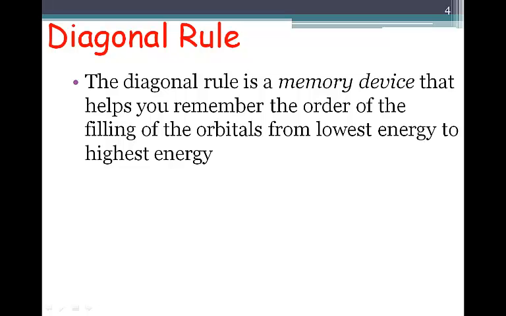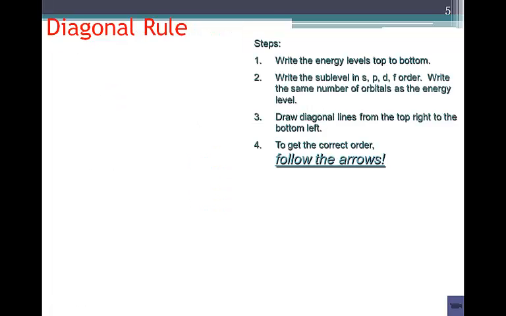So, the diagonal rule is a memory device that helps us remember the order in filling orbitals from lowest energy to highest energy. The diagonal rule helps us follow the Aufbau principle. In order to follow the diagonal rule, we first write the 7 energy levels from top to bottom. We then put the sublevels that are present in each of the energy levels.